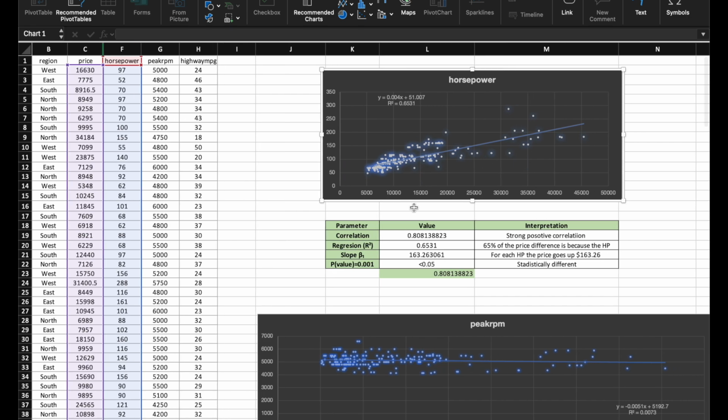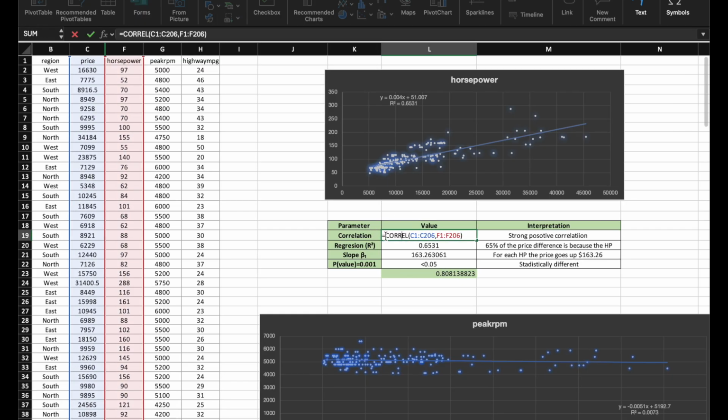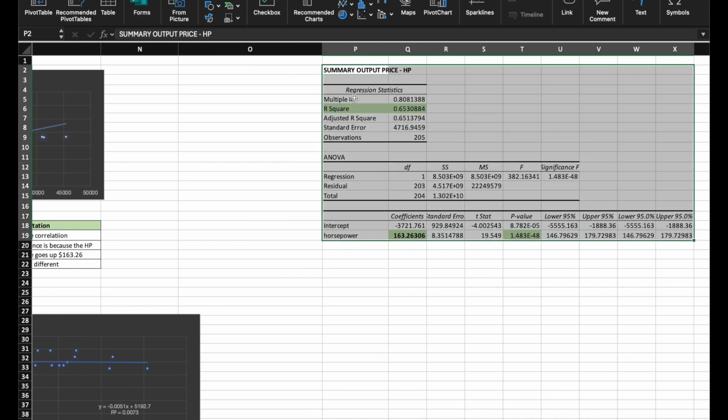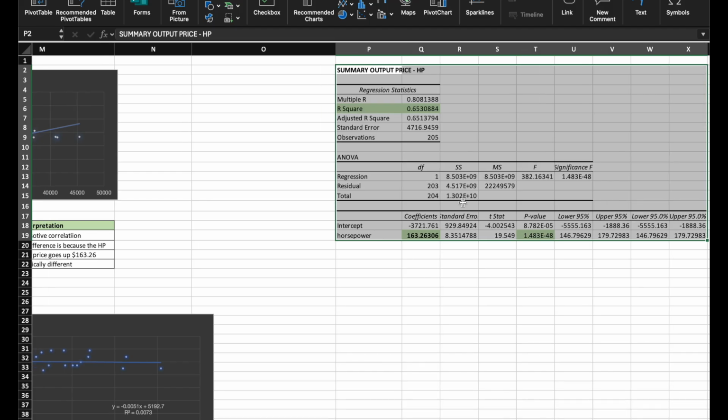And then we need to do a correlation to know if the correlation is positive or negative, and to do it we use the function CORREL, and then select the data that we want to compare. And finally we need to use a summary regression that we already did in the other sheet.